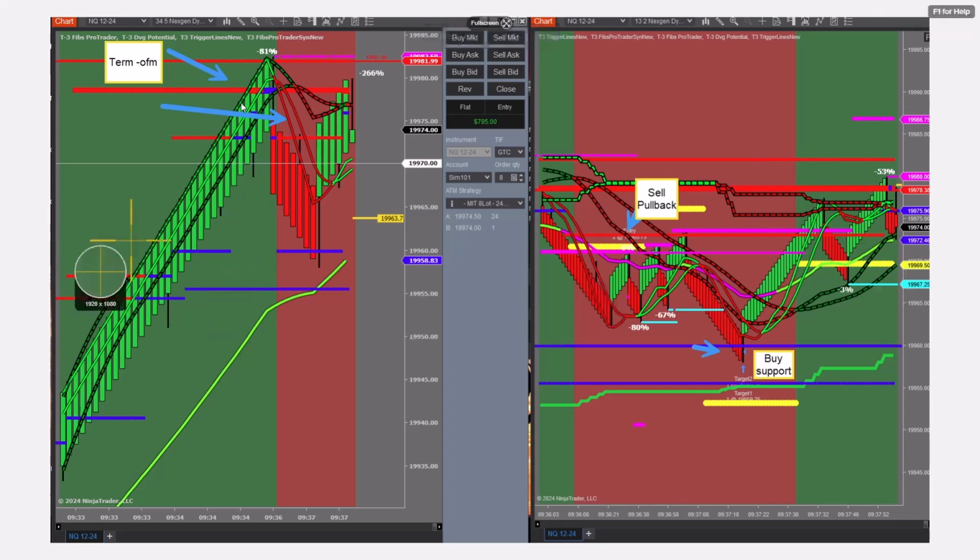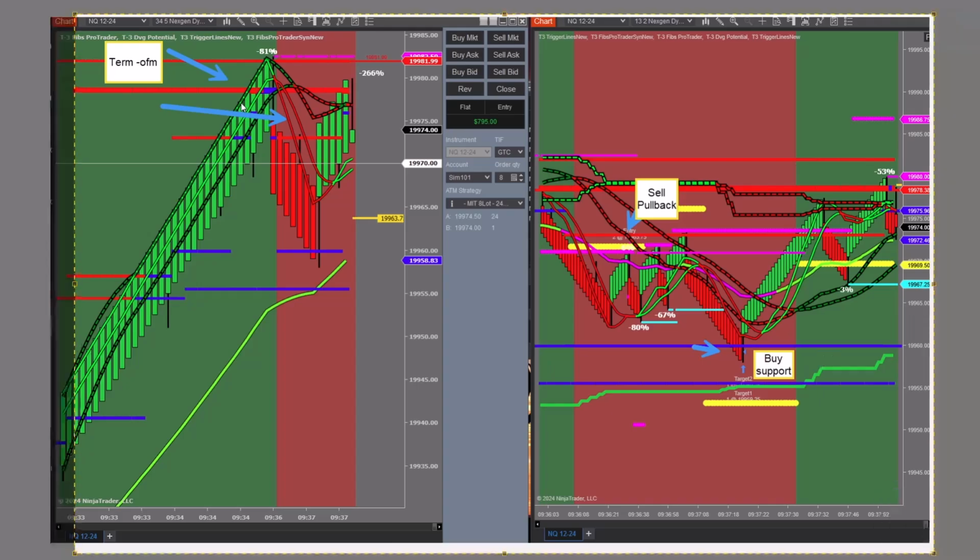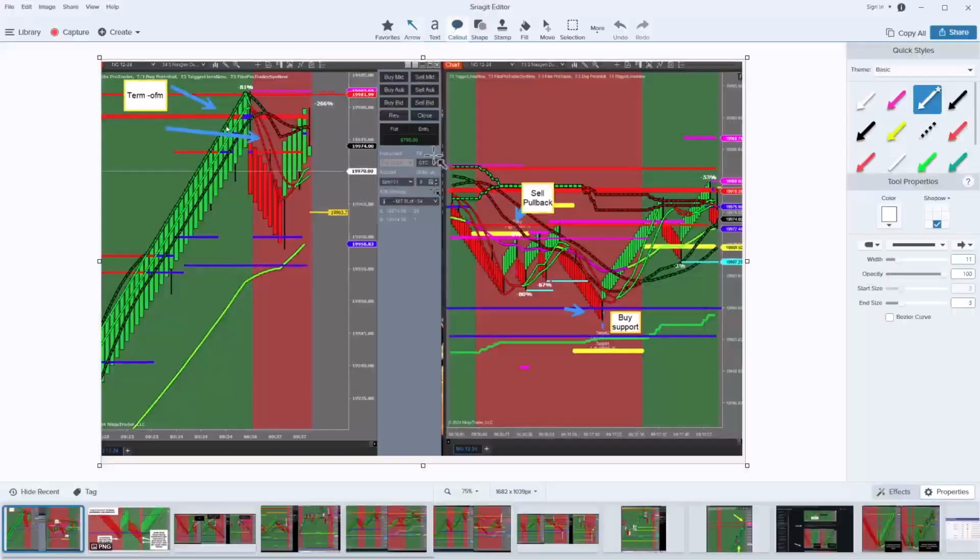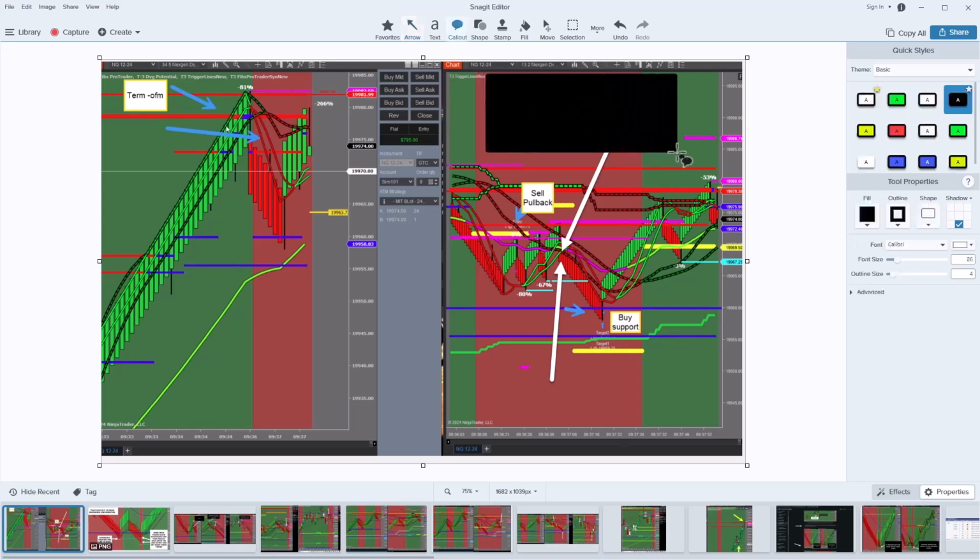I might point out one difference for you guys on the NASDAQ. I'm going to point it out. Use it, or don't, whatever you want. But notice that this bar right here was the very first bar that closed below the small triggers on the 13.2.